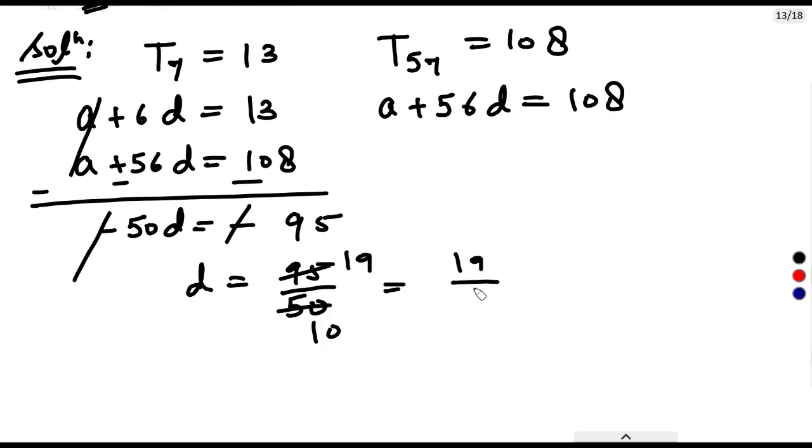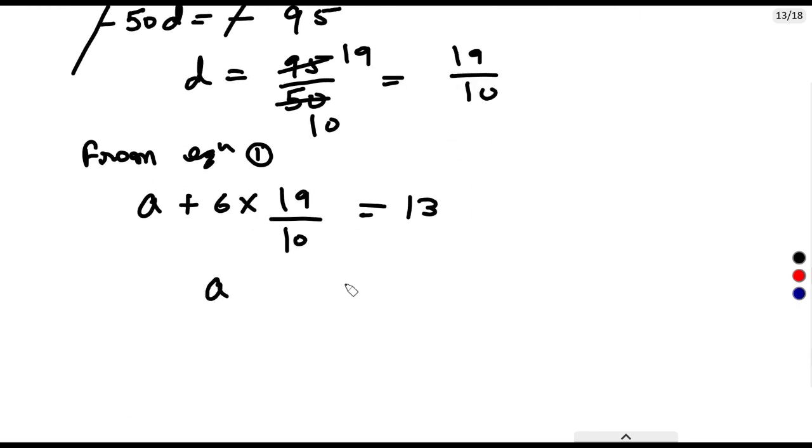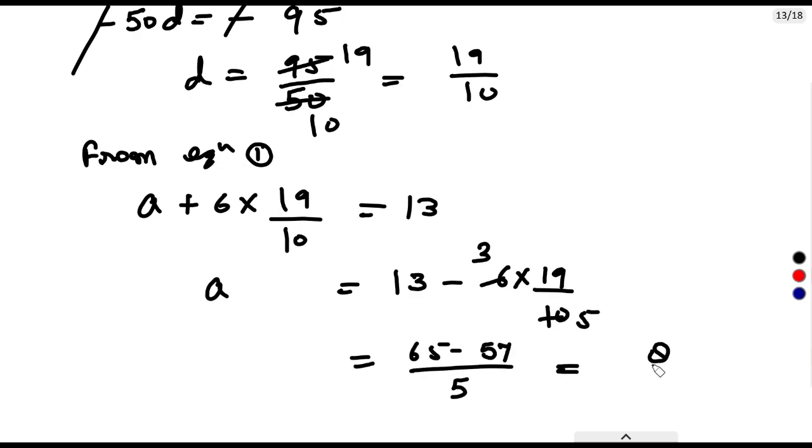D is 19 by 10. Now substitute this value of D either in equation 1 or in equation 2. A plus 6D, D के प्लेस पर पुट कर रहे हैं 19 by 10 is equal to 13. First term is 8 by 5.